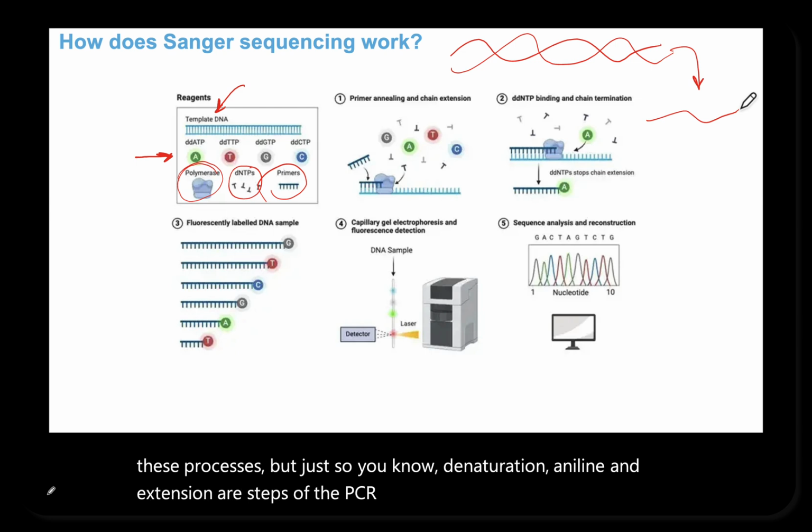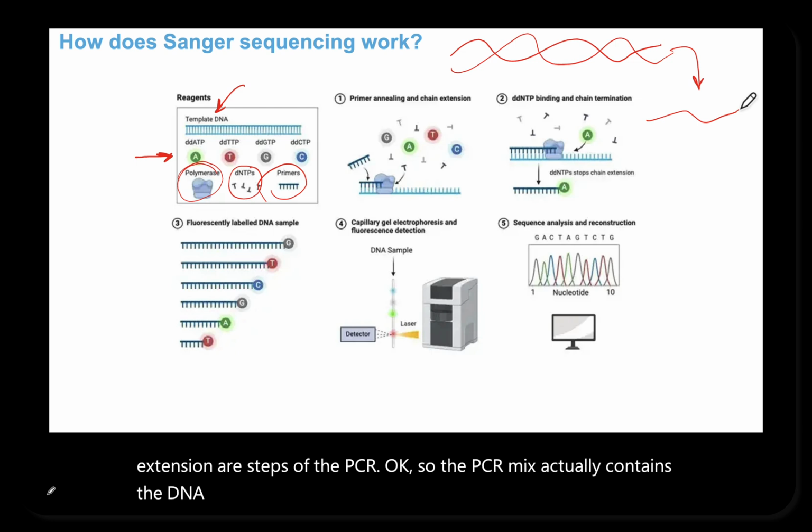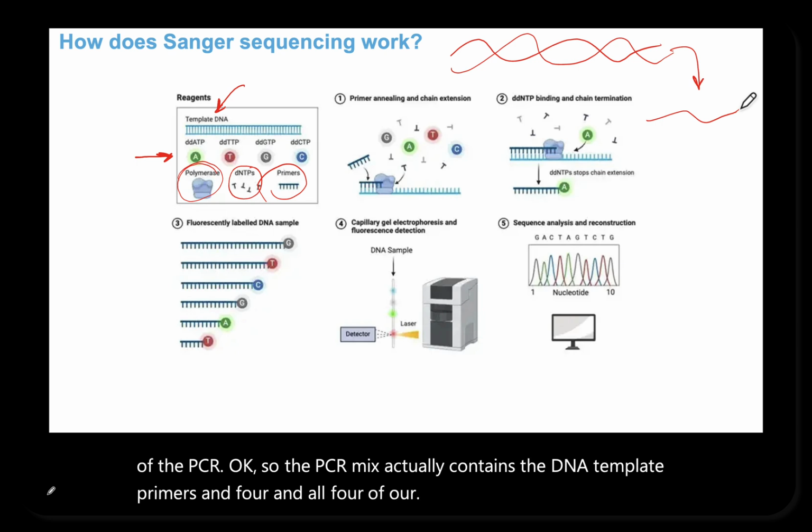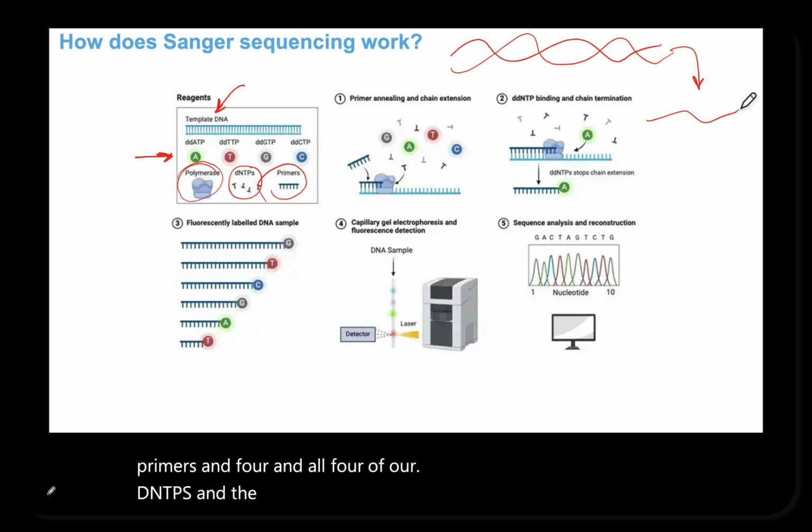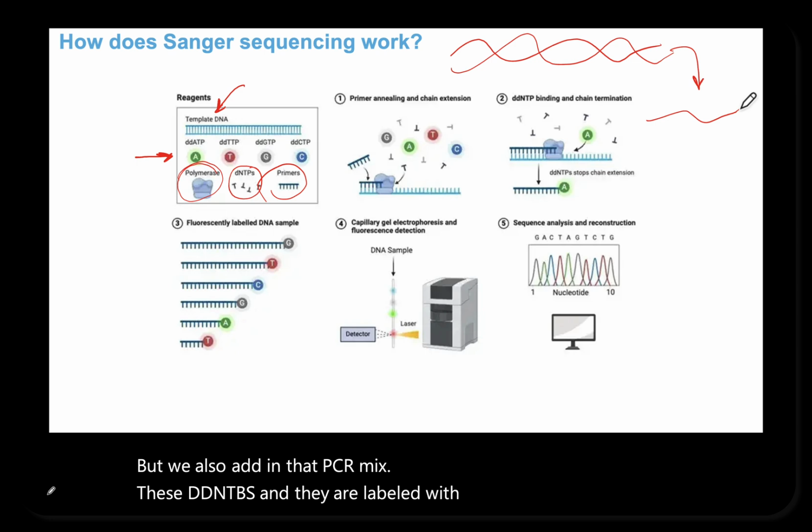The PCR mix actually contains the DNA template, primers, all four of our dNTPs, and the DNA polymerase. But we also add in that PCR mix these ddNTPs, and they are labeled with distinct fluorescent markers.